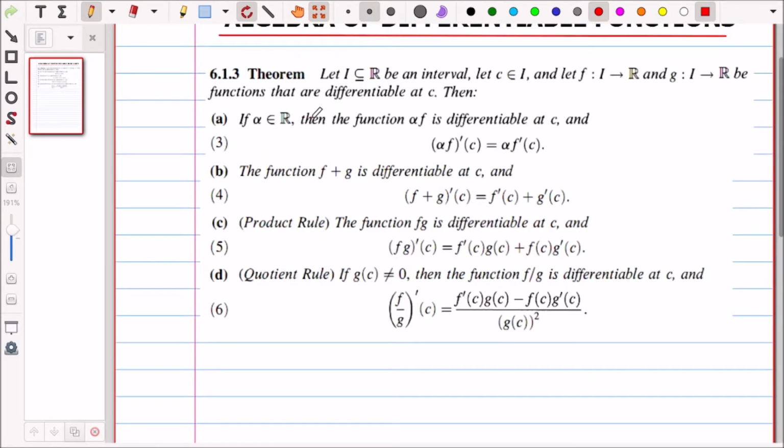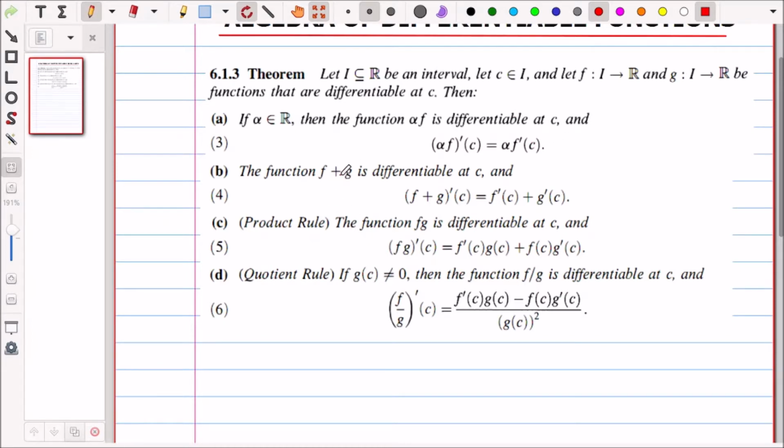So the first statement, A part, says that f and g are given to be differentiable functions. If you have a differentiable function f and if you multiply it by a scalar, then the function obtained is also differentiable, and the value of the derivative is nothing but the scalar multiplied by the derivative of the given function f.